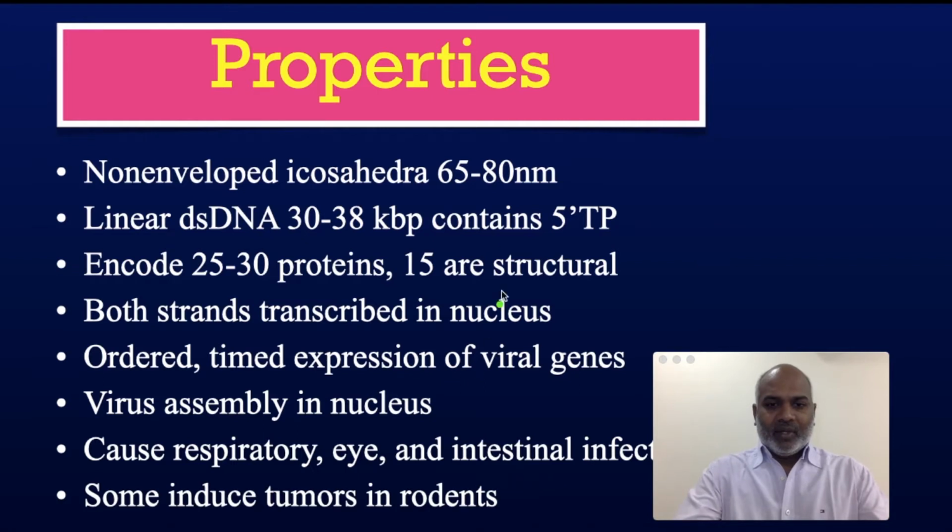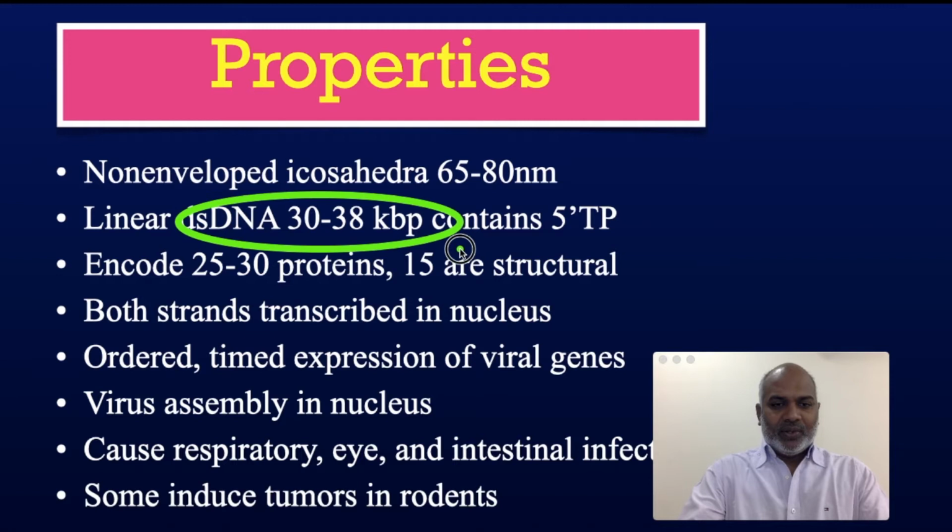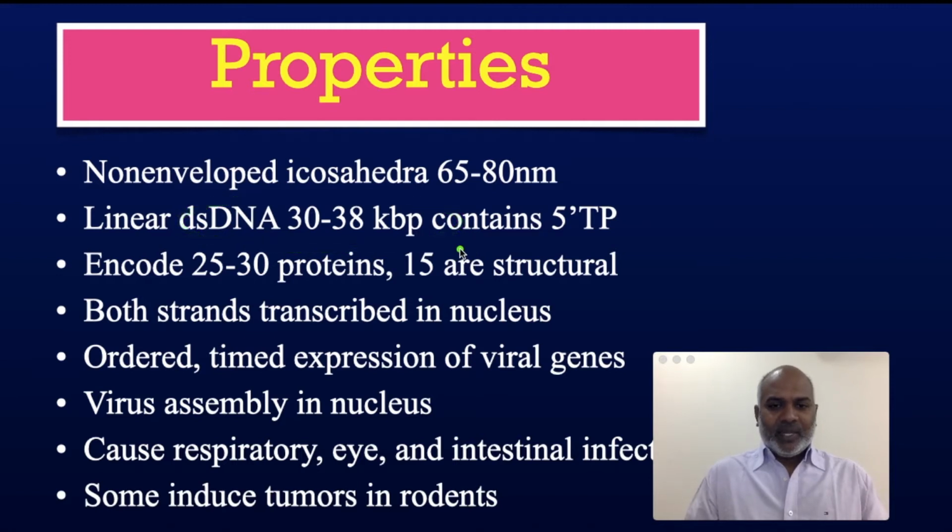When you look at the properties of adenovirus, as I said, it is a non-enveloped icosahedral-shaped virus. Roughly it is 65 to 80 nanometers in size, and it looks like a satellite-shaped structure. Inside the virus you have a linear double-stranded DNA of 30 to 38 kilobase pairs.